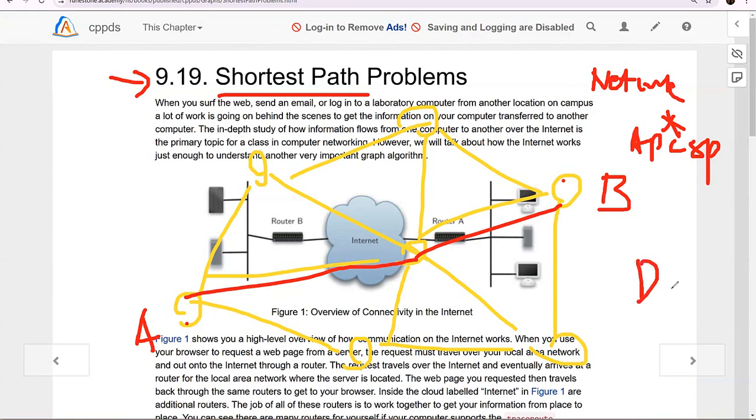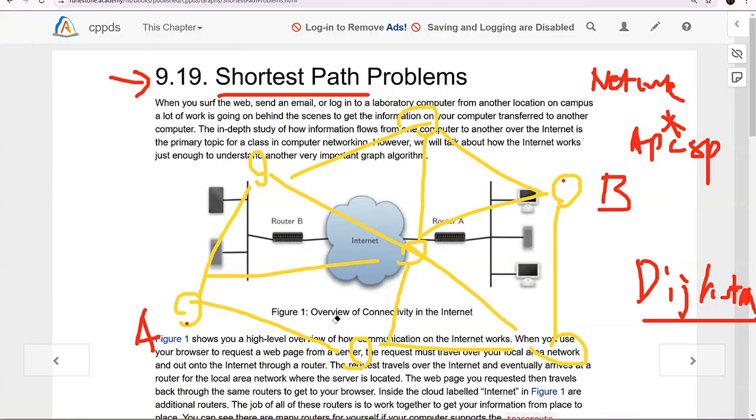Dijkstra is a person, a professor, and he found the algorithm when he was working on communication, and he found the minimum path. So you connect from node A to node B. But in the middle, you send your data from A to the middle point.